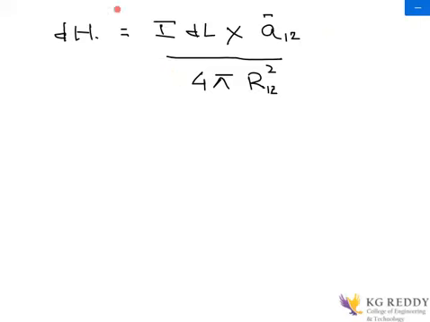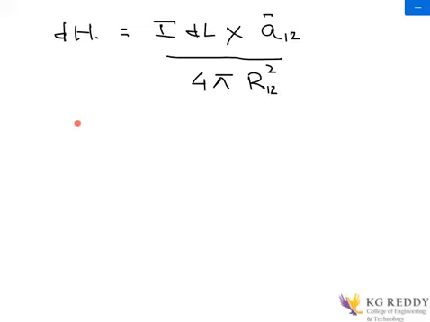Since I dl is already known from the question, you need to find the unit vector and also the distance between the points. The distance between 1 and 2 can be easily found, because it is the magnitude of r. Let me write the equation first.